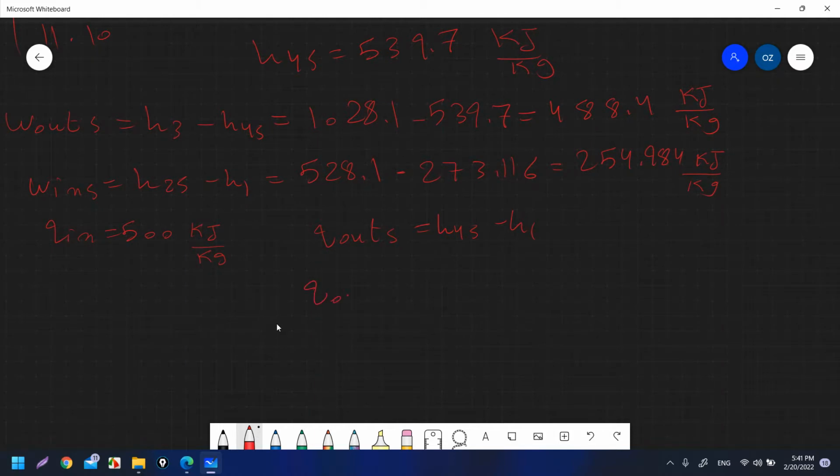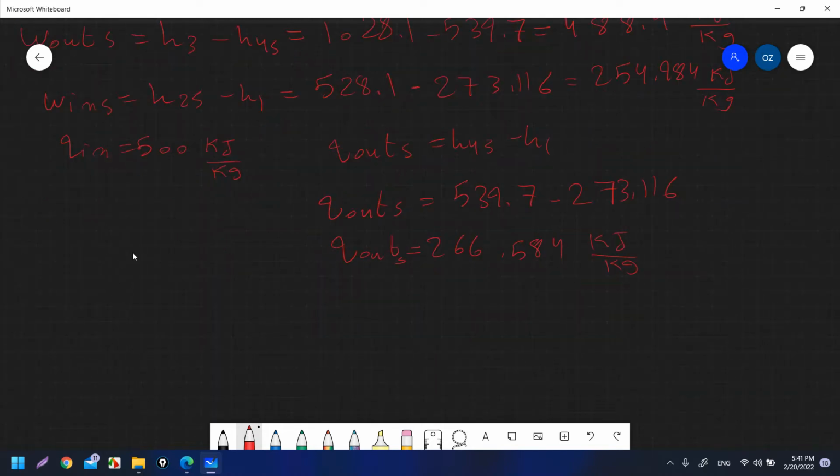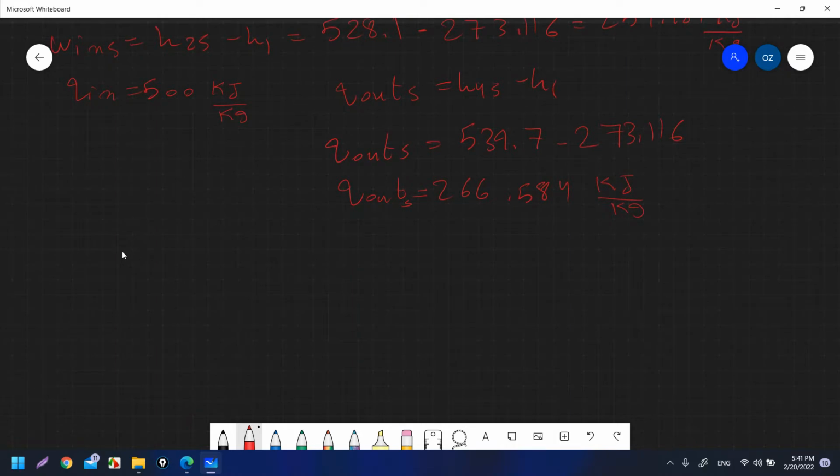So Q out S is equal to 539.7 minus H1, 273.116. So Q out S is equal to 266.584 kilojoule per kilogram.